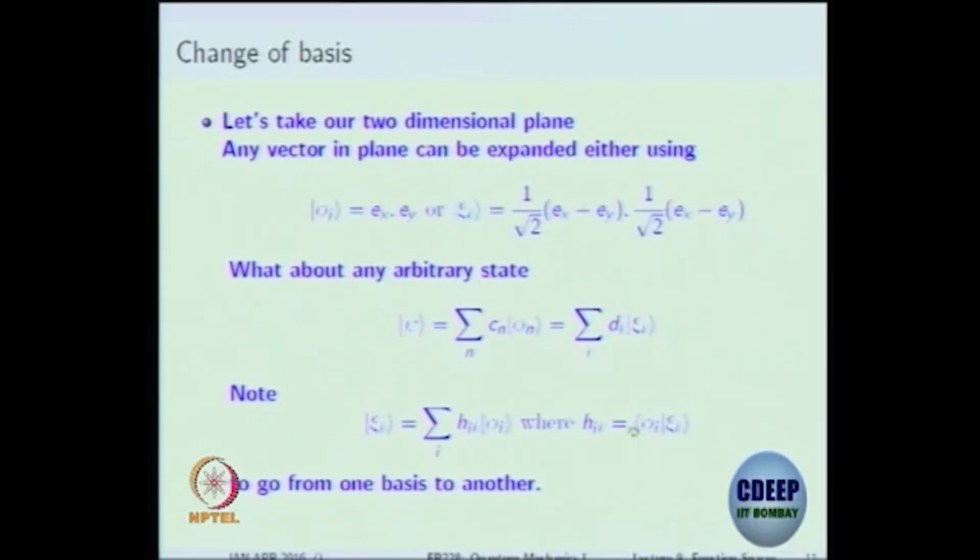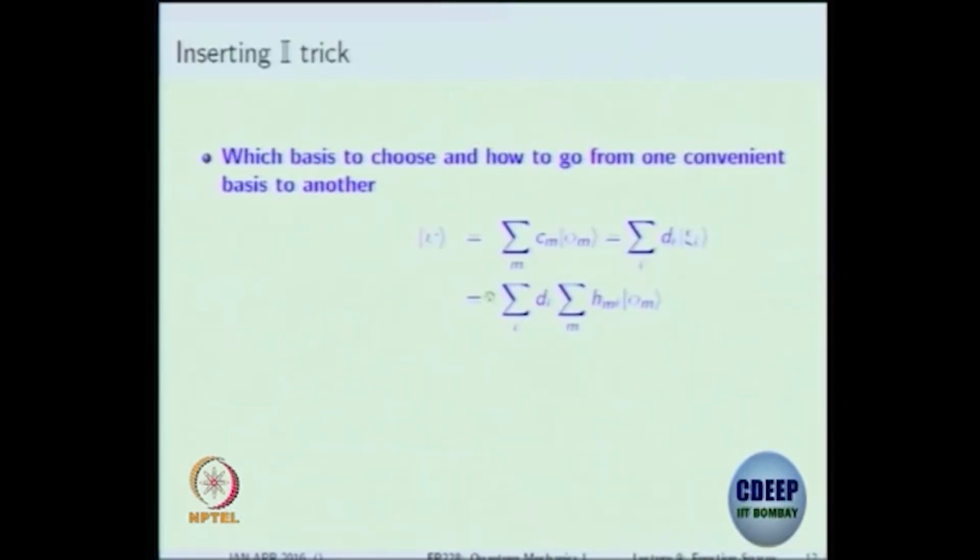And HIL is of course the inner product of phi I with xi l. To determine Cn in terms of dl and HNL, I have already told you that xi l you can substitute this and it is a complete basis. You can compare the coefficients and determine what is Cm in terms of D's and H's. H relates the two bases, dl is the coefficient which I found in the xi basis and Cm is the coefficient which I find in the phi basis.